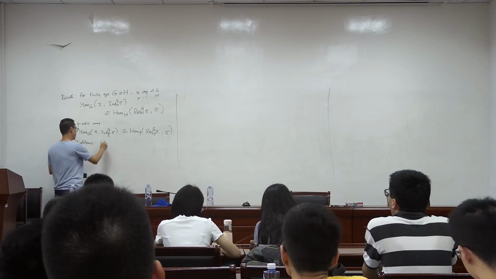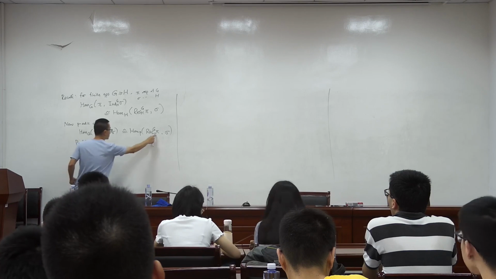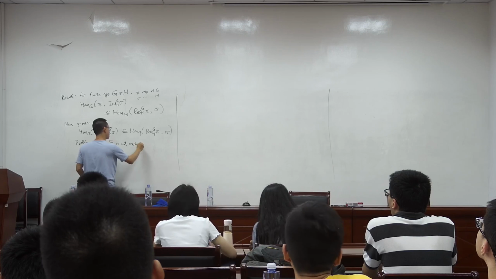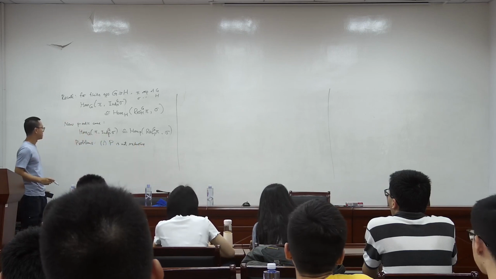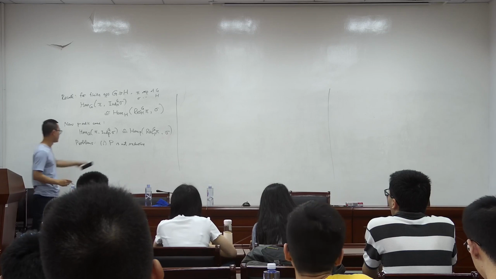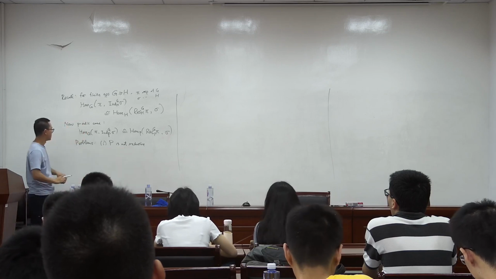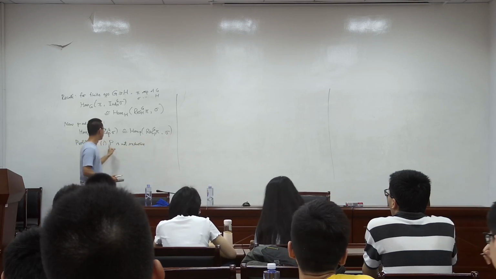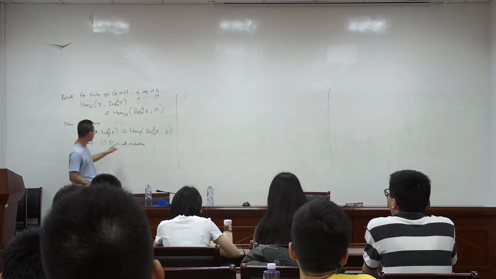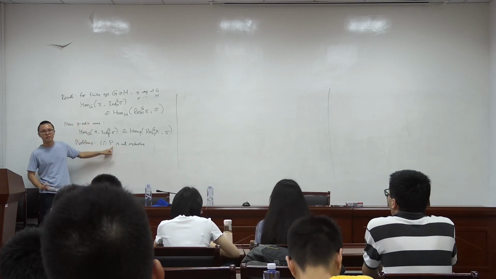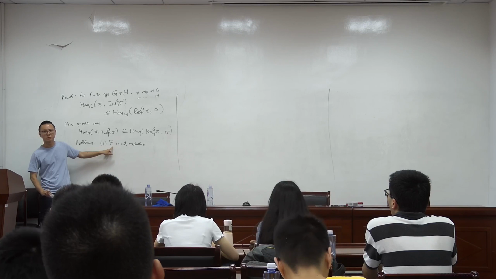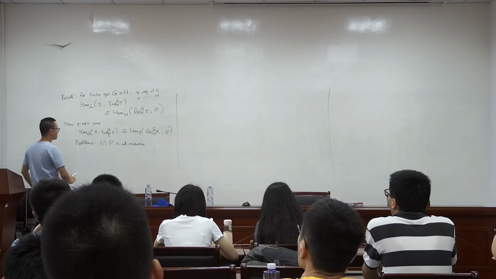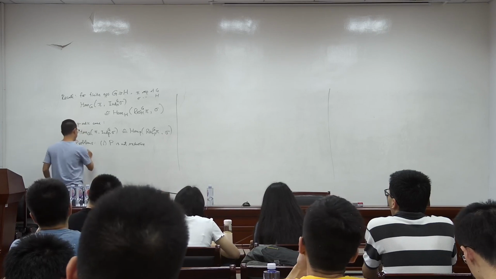For example, this P is not a very good group, because for reductive groups we have a good classification of representations. But if P is not reductive, then there could be some problems. So this is one thing.